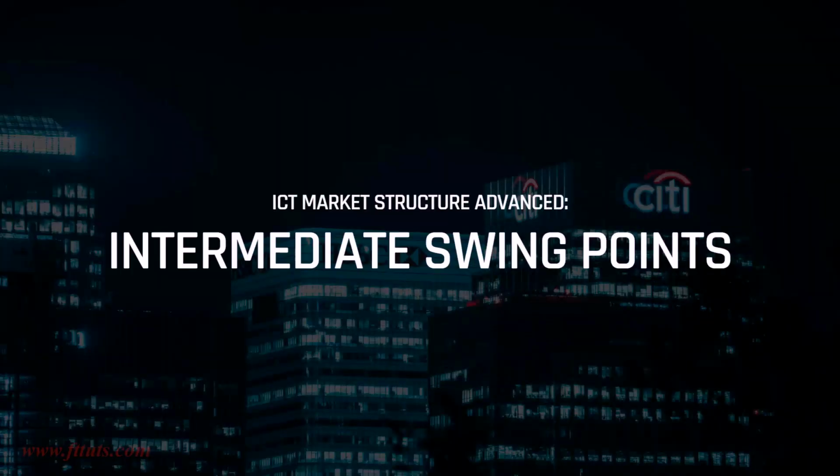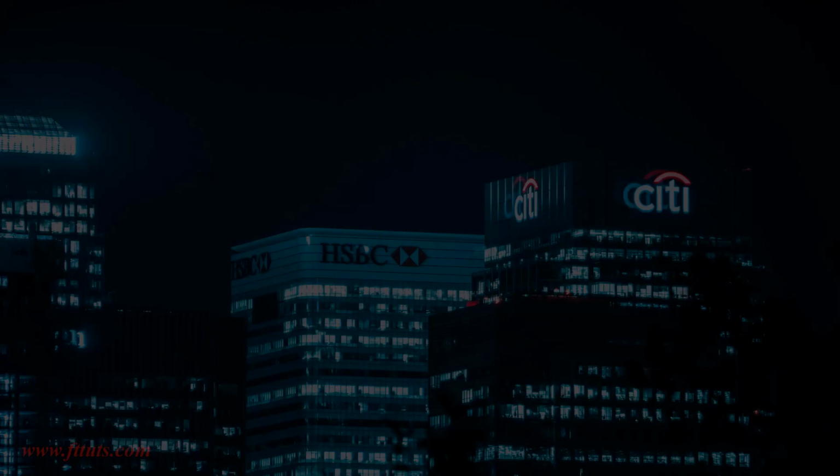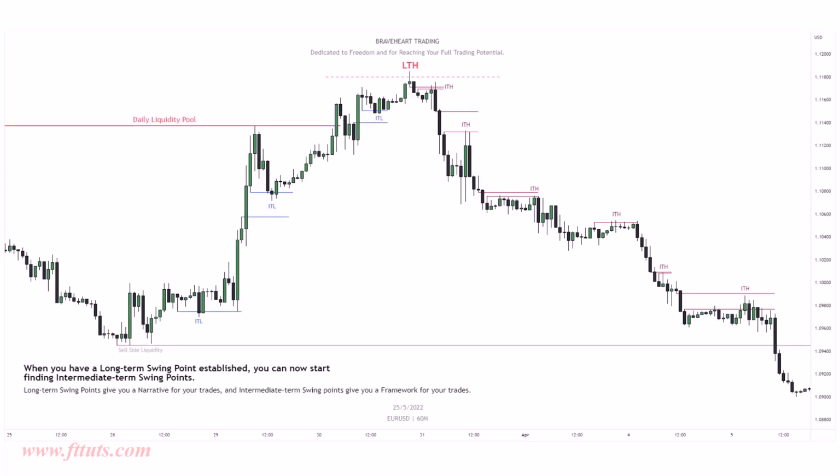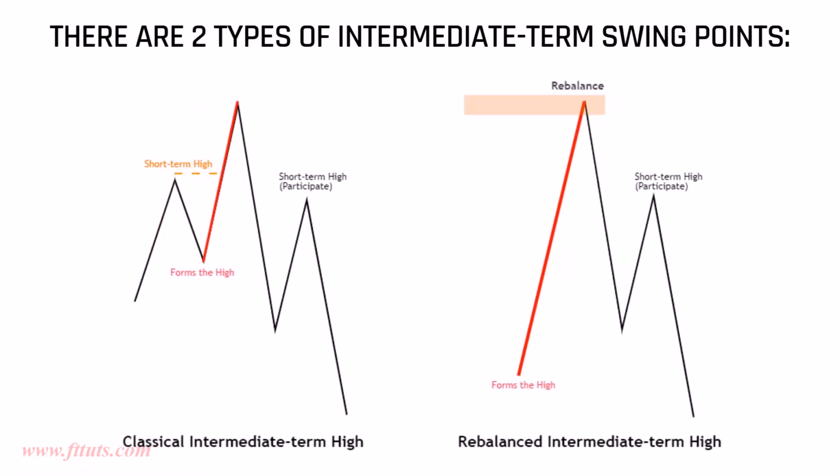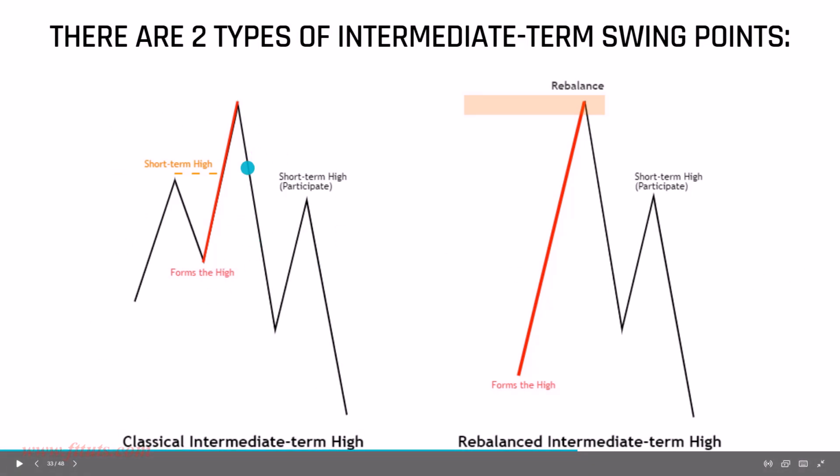Then when it comes to intermediate term swing points, that is framed on the chart, such as the 60-minute chart. It's framed on your intermediate term perspective, because that gives you more details. Then, with the more details, with the little peaks and troughs, the little internal range liquidity pools and bounces, you can start classifying classical intermediate term highs and rebalanced intermediate term highs.